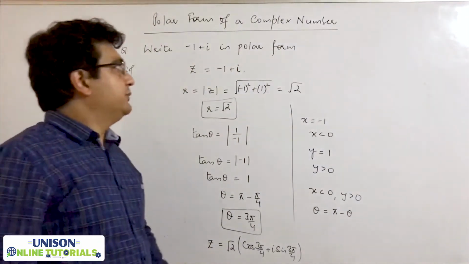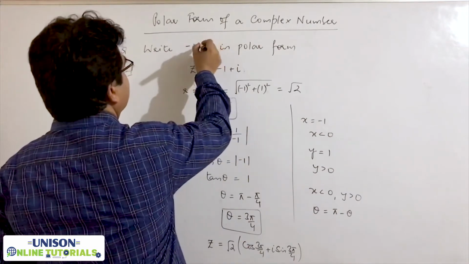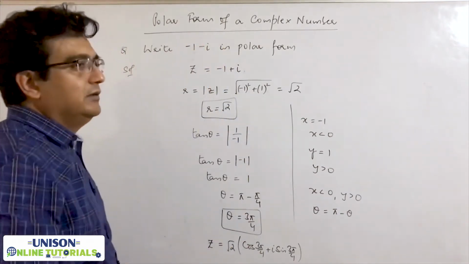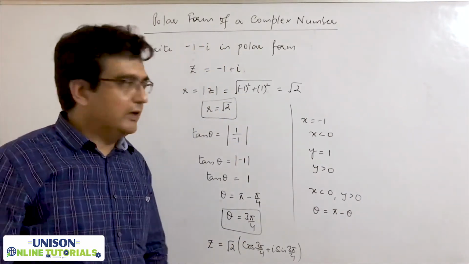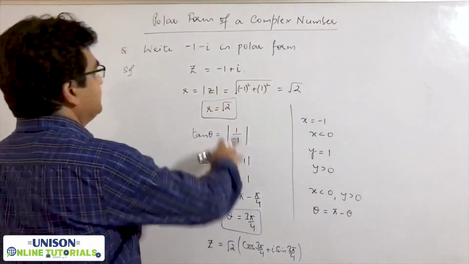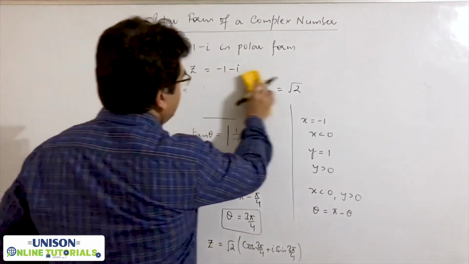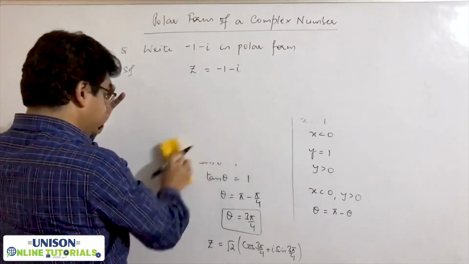Now let's see what happens if we make both negative. If the complex number is -1 and minus iota, if both of these are negative, z is equal to -1 minus iota. Let's find the polar form.